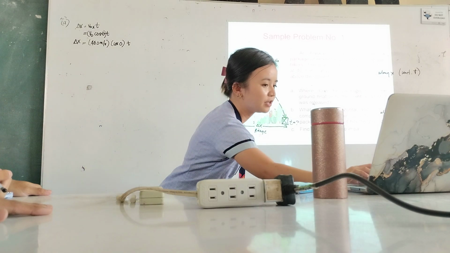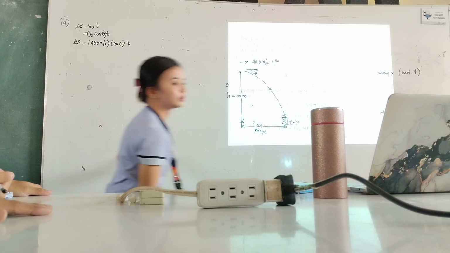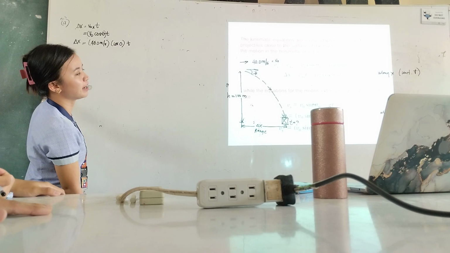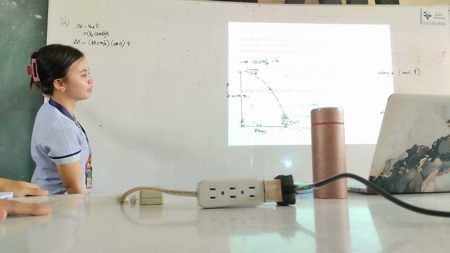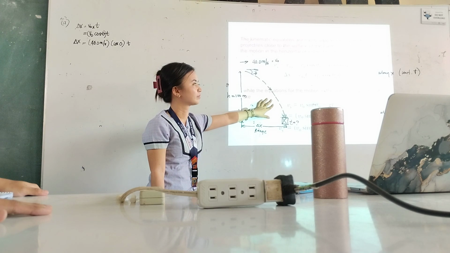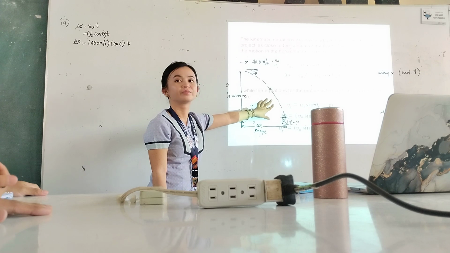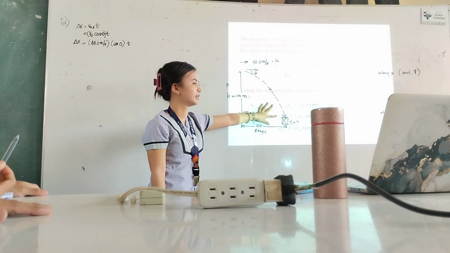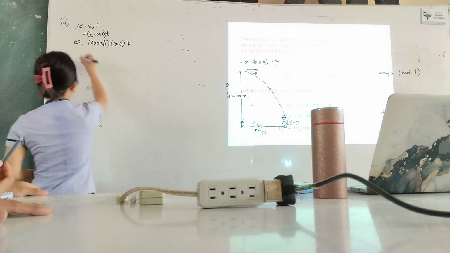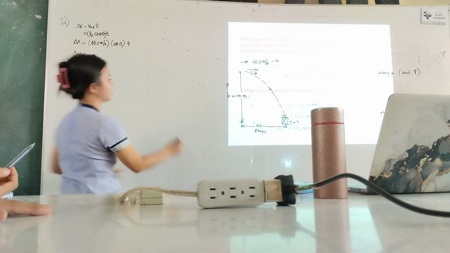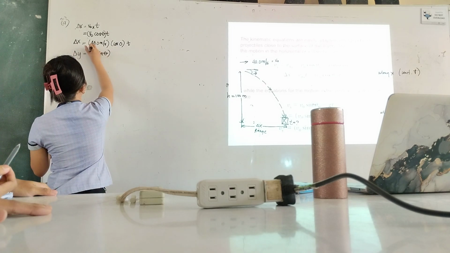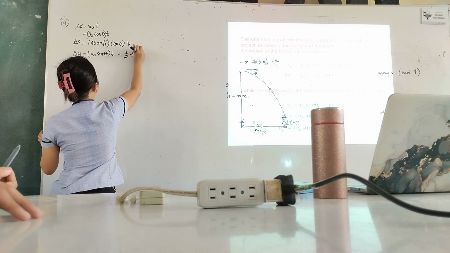So back to the formula. You can use this one, delta y equals V0 sin theta times time plus 1/2 g t squared.